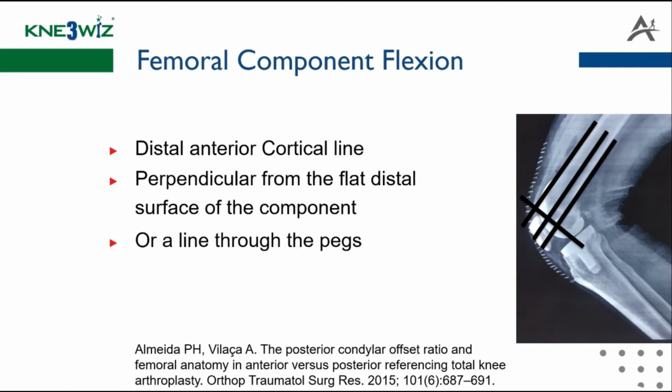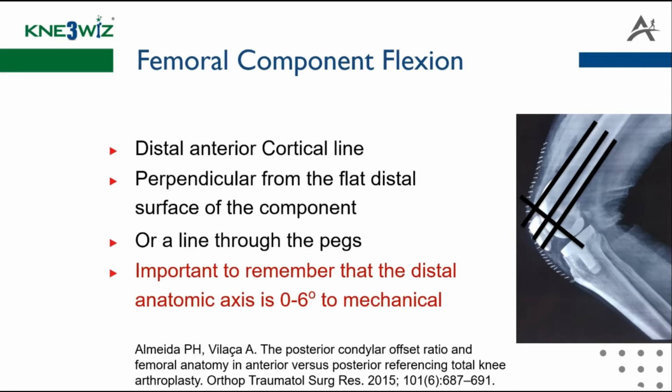Another option can be to draw a line through the pegs. Thus, the component flexion can be noted. It is important to note that this study of the femoral component flexion is with reference to the distal anatomic axis, which is 0 to 6 degrees to the mechanical.